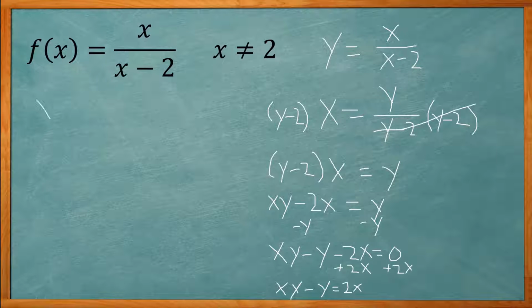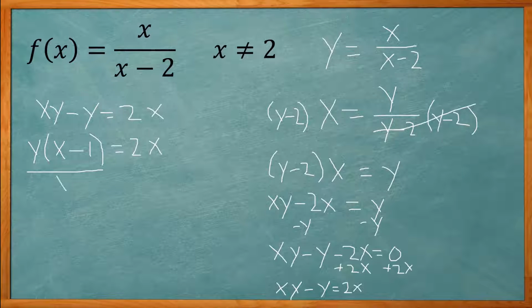So let me write it over here. Now I'm going to factor a y from the left side, so y parentheses x minus 1, so that's just factoring it. I'm going to divide both sides by x minus 1. So y equals 2x over x minus 1.